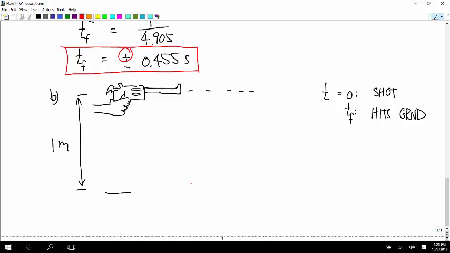And then I'm going to put the origin on the ground underneath the object at time equals 0. So that means right underneath the point where it's shot from. And I'm going to put the y-axis pointing up and the x-axis horizontal in the direction of motion.